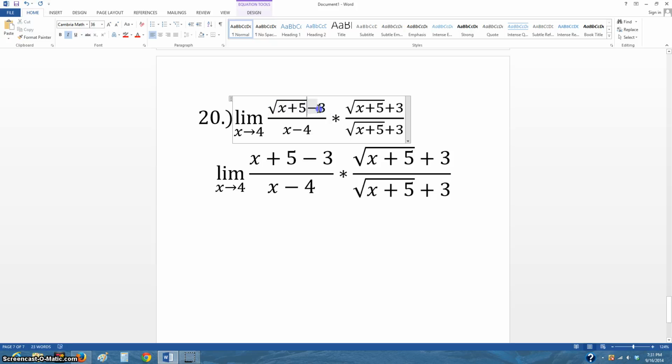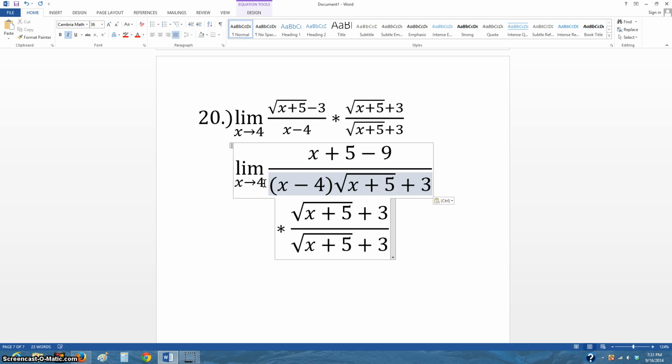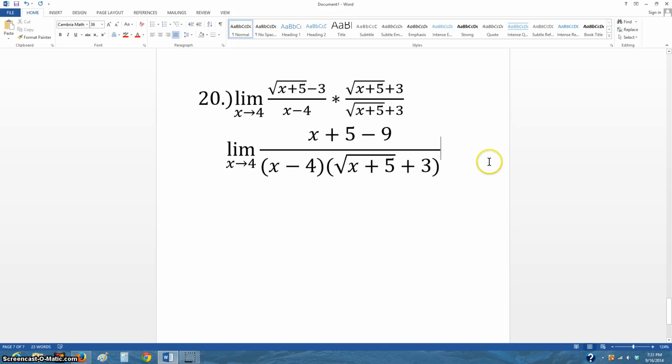So negative 3 right here times positive 3, which will give me a negative 9. And then, of course, remember, what did I say? Don't multiply anything out in the denominator unless you have to. So we'll just combine it. I'll delete that part. Okay, so that's what we have so far.